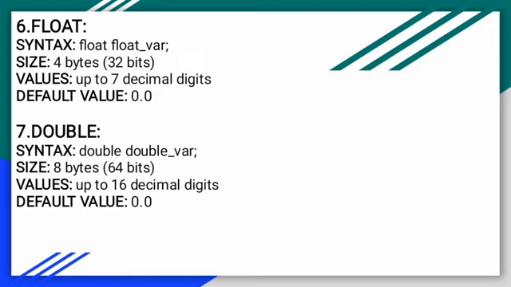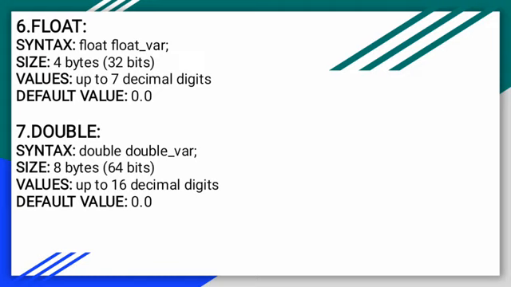Moving further, double data type. It also deals with floating type values. Its syntax is double space double variable. The size of double data type is 8 bytes, that is 64 bits. The double data type takes values up to 16 decimal digits, pretty much long, that is 0 dot up to 16 decimals.